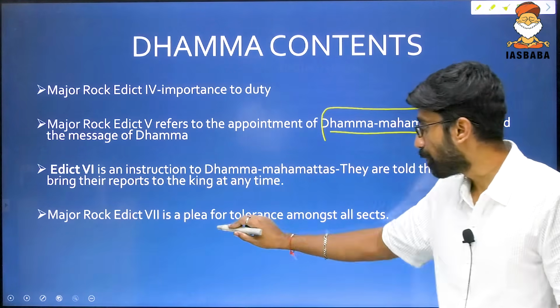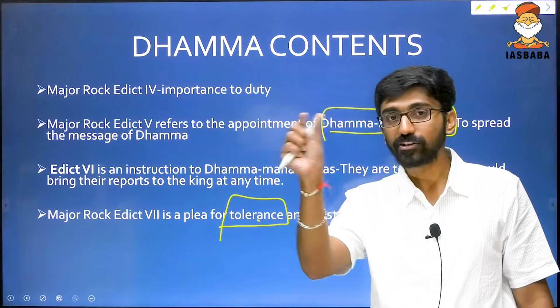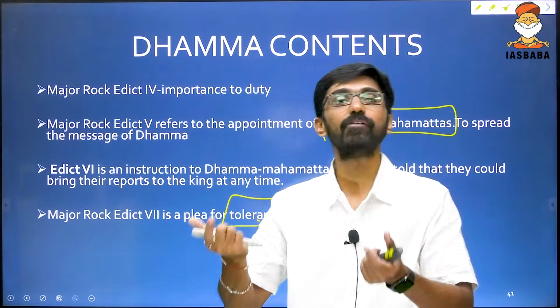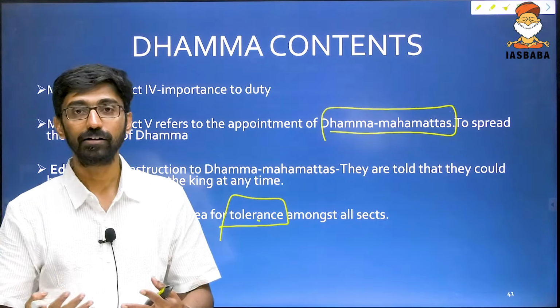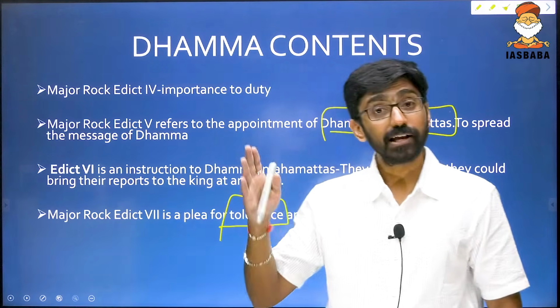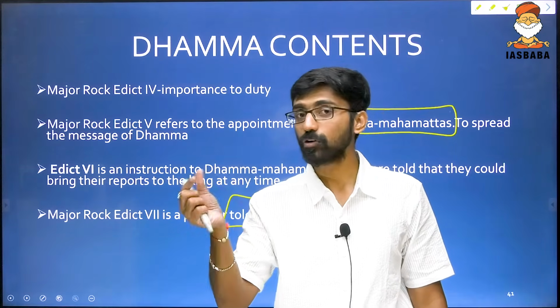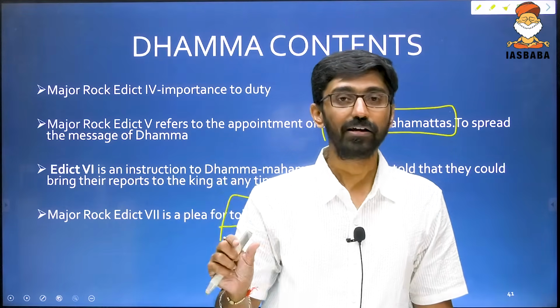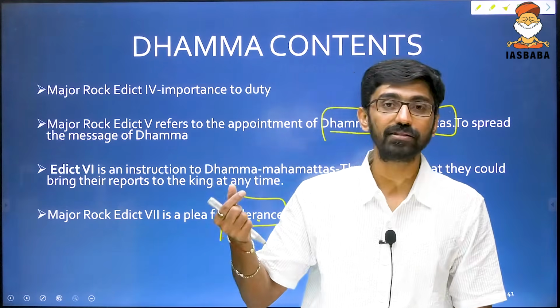Then, of course, appealing for tolerance is one of the important aspects of Dhamma. That is, one ideology should respect another ideology in spite of differences. That is what India is all about, unity in diversity. That is what our constitution is also all about. That is what Indian freedom movement leaders stood for. Even the Britishers followed a divide and rule policy intentionally, to divide communities along the lines of religion, caste and region.